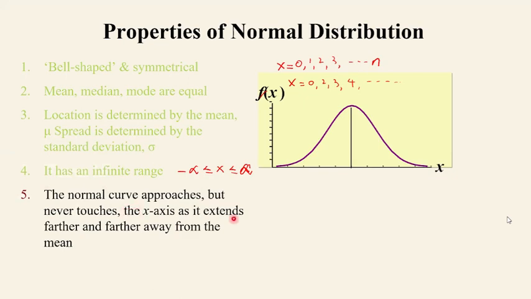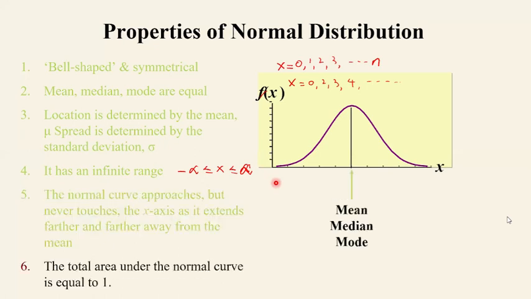The normal curve approaches but never touches the x-axis as it extends farther and farther away from the mean. Because it takes values from minus infinity to plus infinity, we don't know the minimum value and we don't know the maximum value, right? Then the total area under the normal curve is equal to 1.